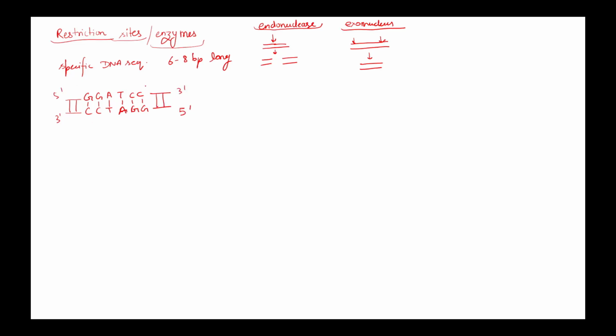So this is a specific site which can be recognized by the BamH1 restriction enzyme. BamH1 can recognize the site in double stranded DNA and make a cut at these 2 places.